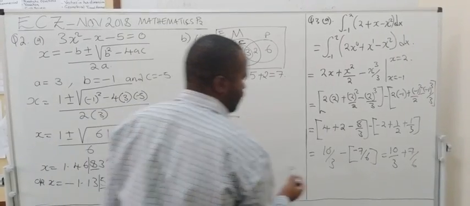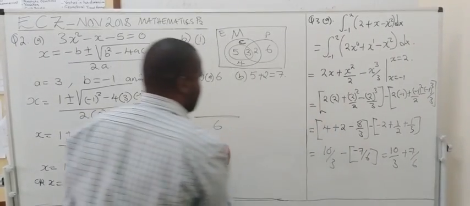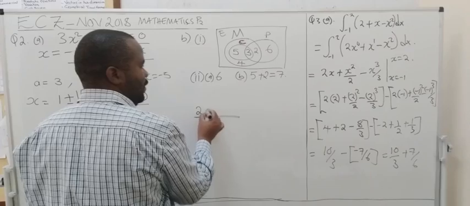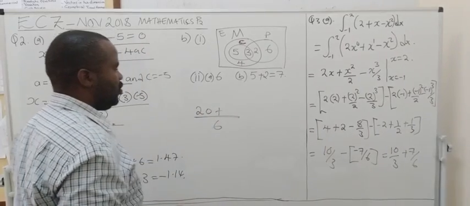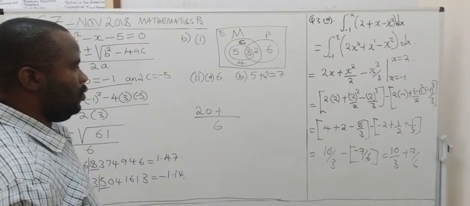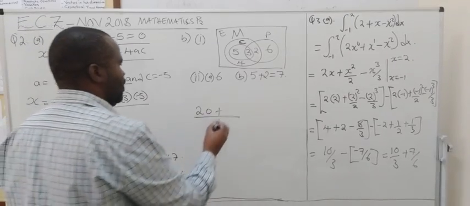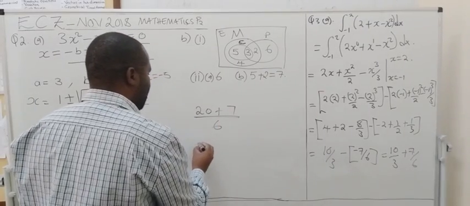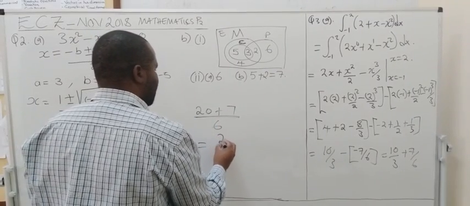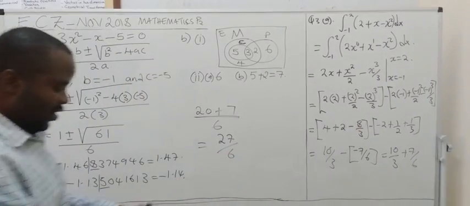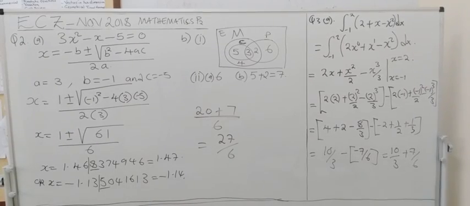Alright? Then 3 into 6, that will be 2. 2 by 10 will be 20. Plus 6 into 6, you have 1. 1 by 7, you have got 7. Okay? So what do you get? You have got 27 over 6. Alright? 27 over 6.